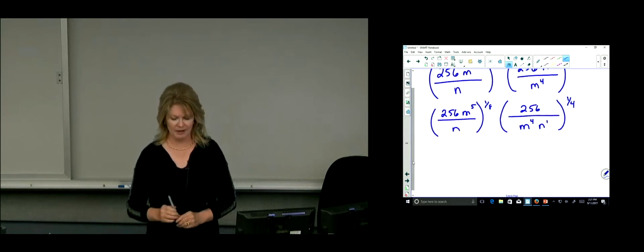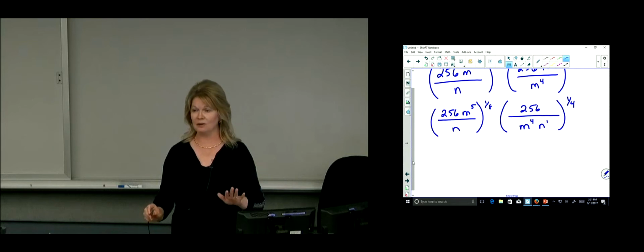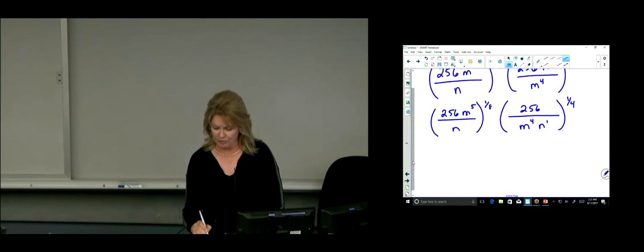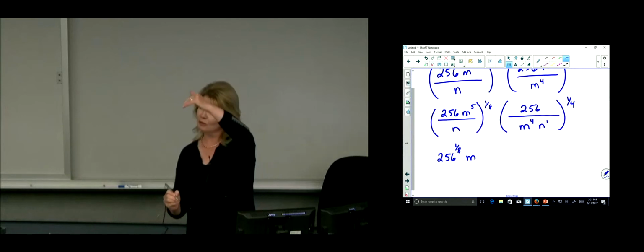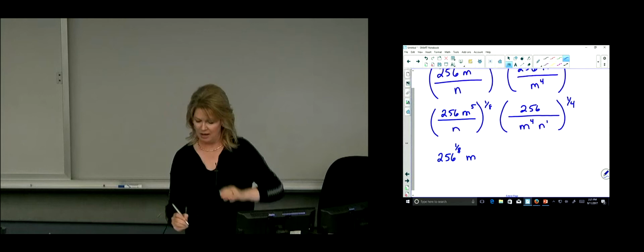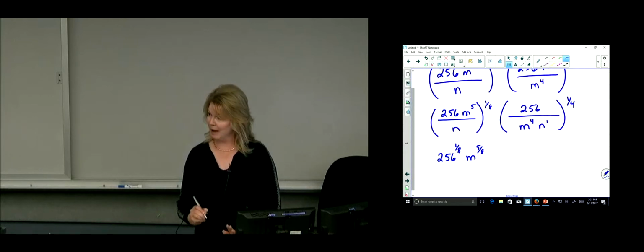Now, because everything inside those parentheses is either just multiplied or divided together, I can use my exponent rule and say, really what I'm doing is 256 to the 1/8, m to the 5th to the 1/8, and when I raise powers to powers, I multiply. So that's going to be 5/8 on the m power.